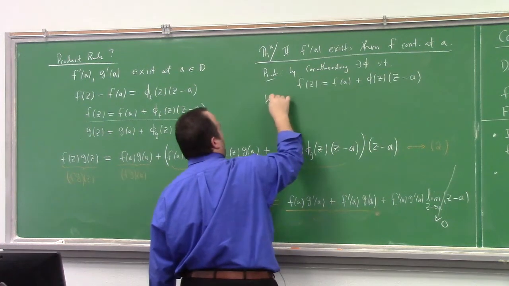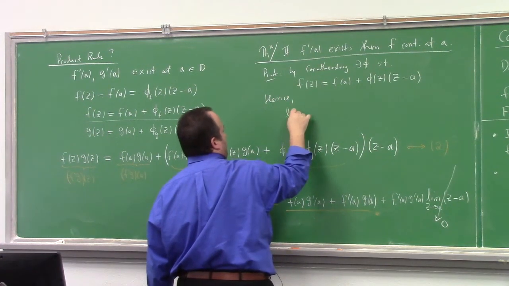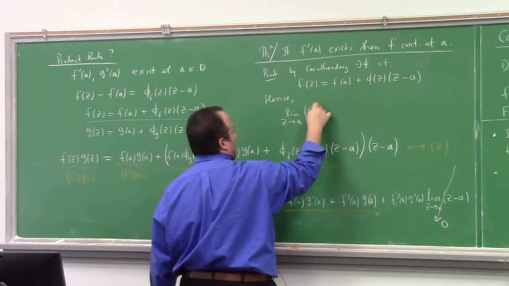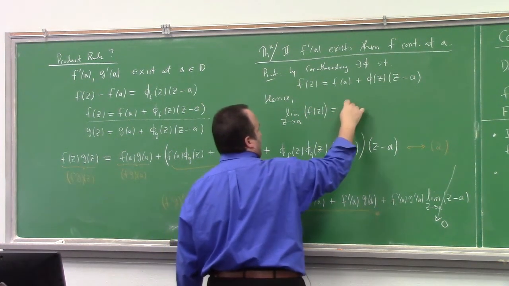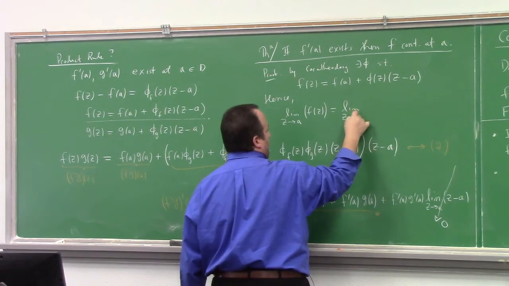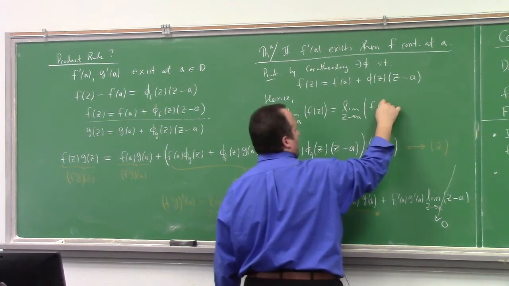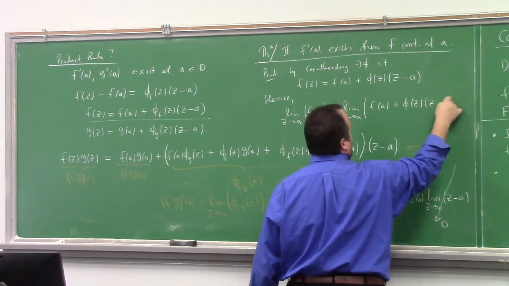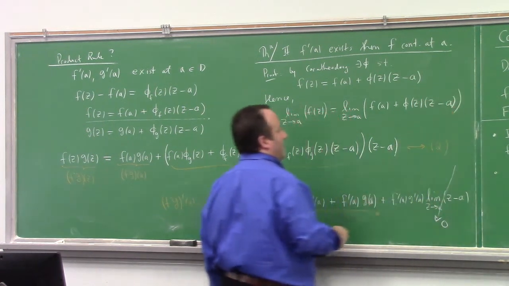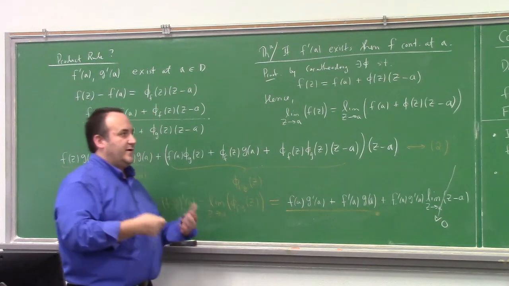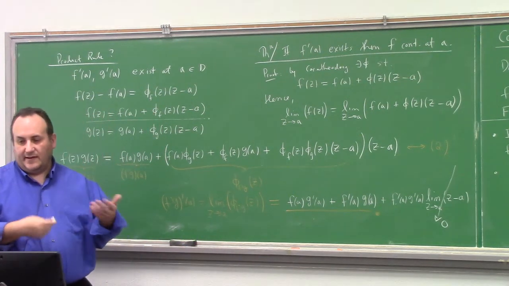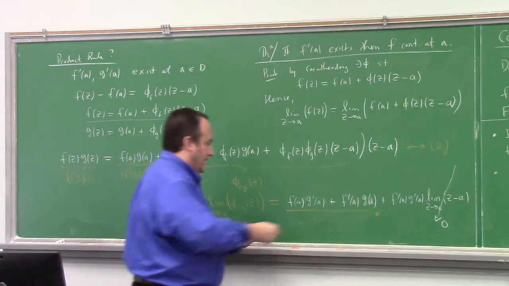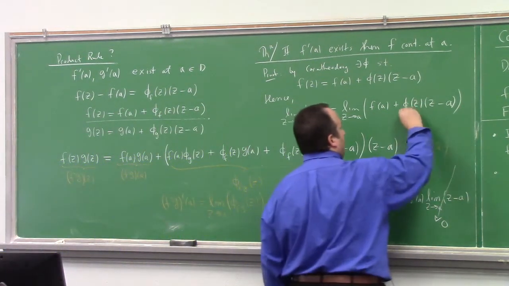Hence, the limit as z goes to a of f of z, what's equal to? But remember, the theorem of Caratheodory gives us that the limit as z goes to a of phi of z exists, and it's just f prime of a, right?